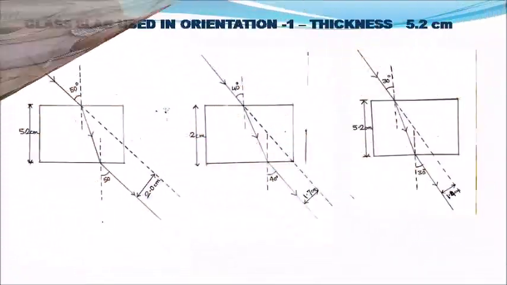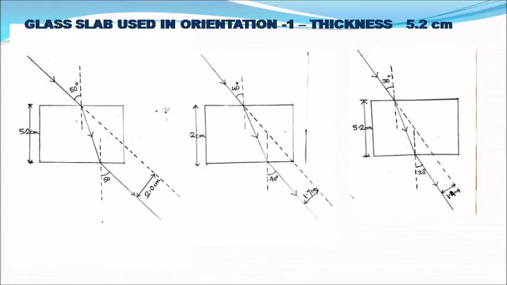After performing these experiments, we can compile our result in a tabular form and draw the conclusion about the lateral displacement and its dependence on angle of incidence and thickness of the glass medium. Once you do this, you can see that the lateral displacement increases with angle of incidence and also with thickness of the glass slab.